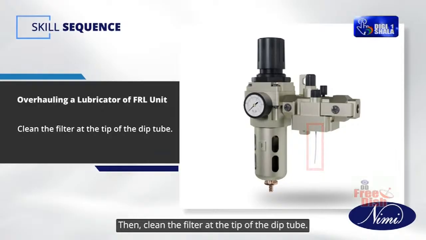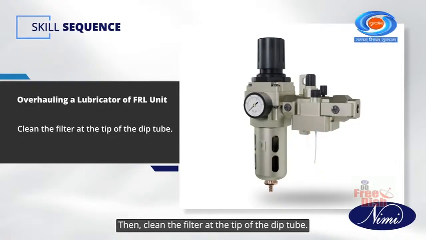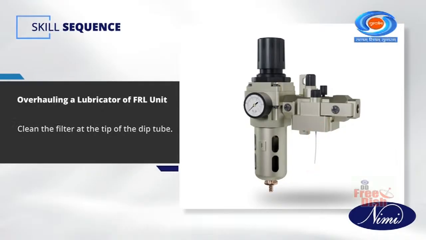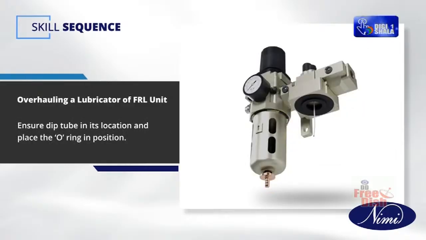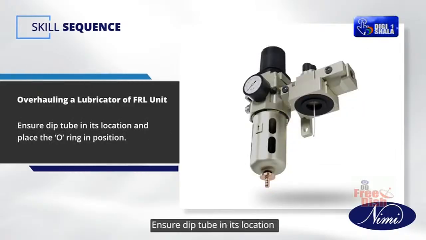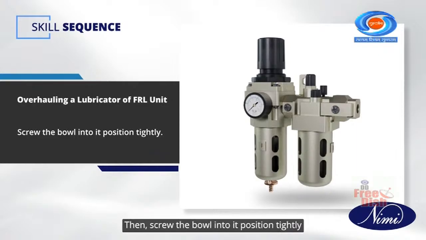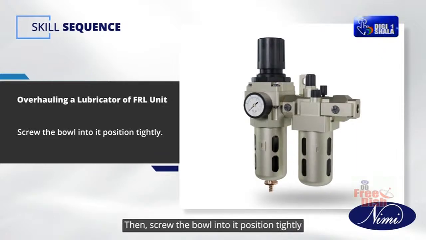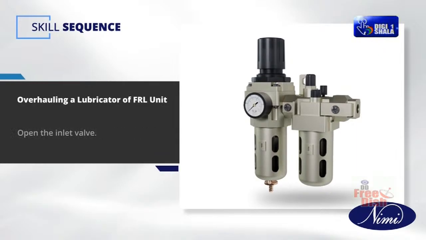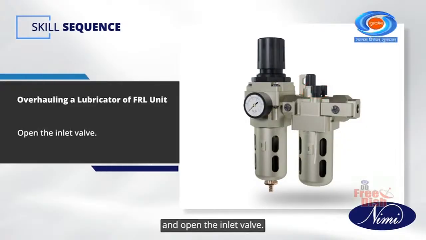Then clean the filter at the tip of the dip tube. Ensure dip tube is in its location after the O-ring is placed in its position. Then screw the bowl into its position tightly and open the inlet valve.